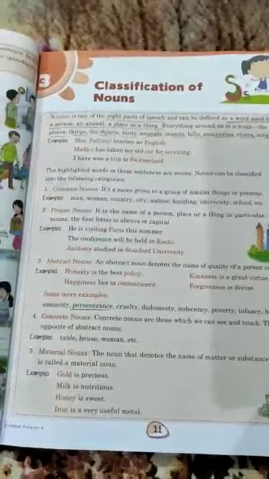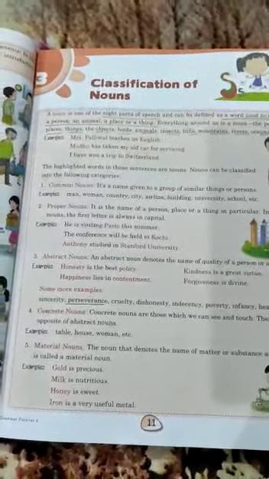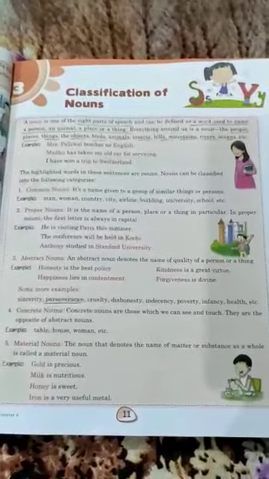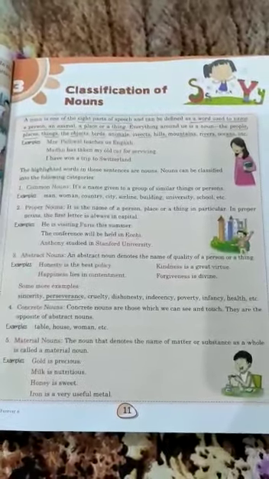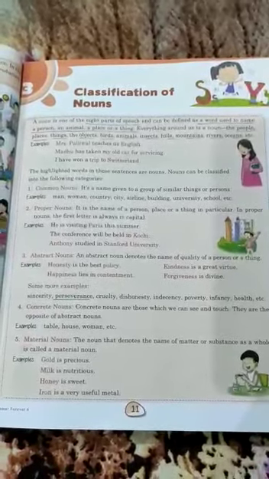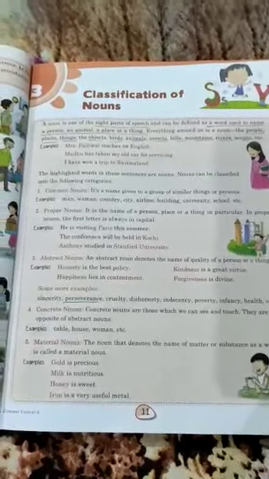Therefore, a proper noun is the name of a person, place or thing in particular. So special names are called proper nouns. Therefore, proper nouns are the special names of persons, animals, places or things.